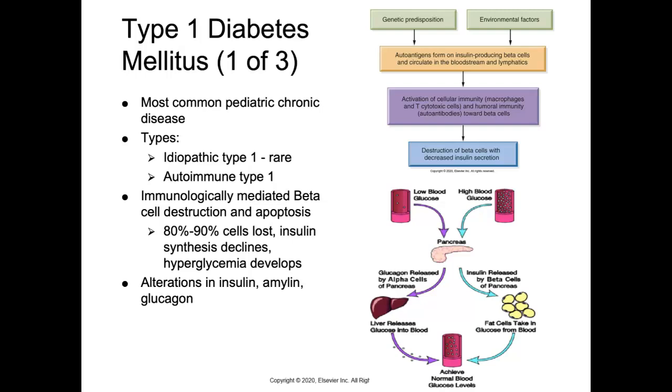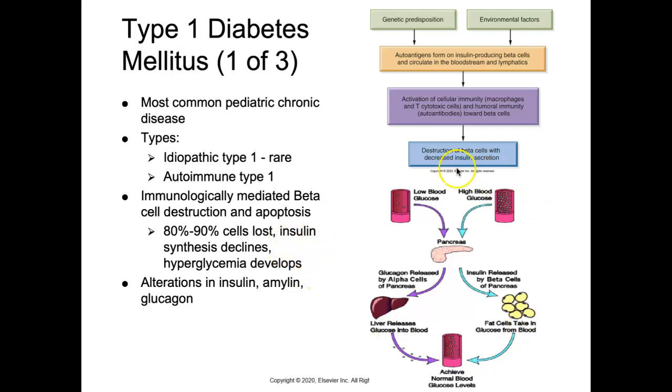So essentially the autoimmune reaction creates an activation of our cellular immunity, where the macrophages, cytotoxic T cells, and those autoantibodies are attacking the beta cells, and about 80 to 90% of those cells are lost. And so our insulin synthesis is going to decline and hyperglycemia develops.